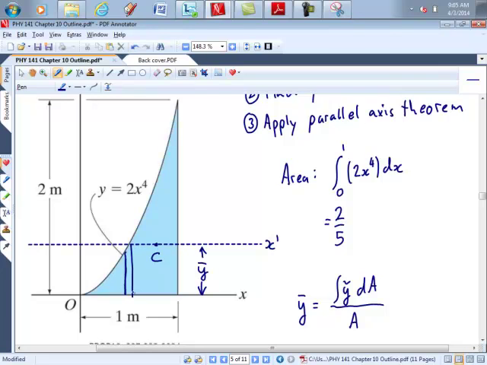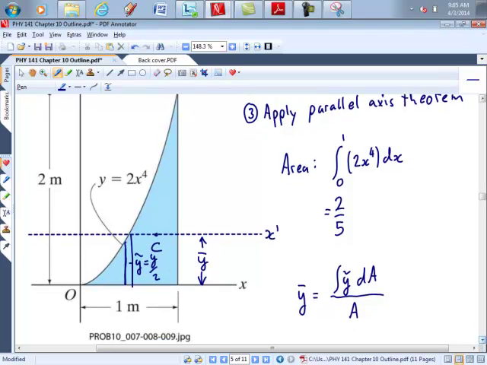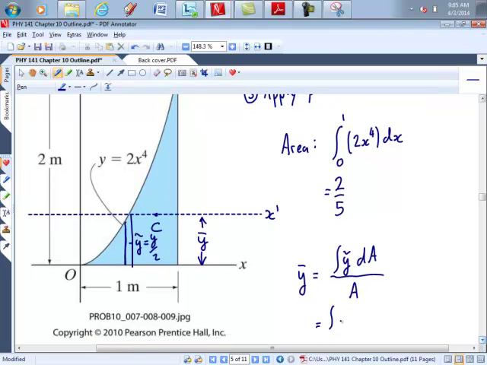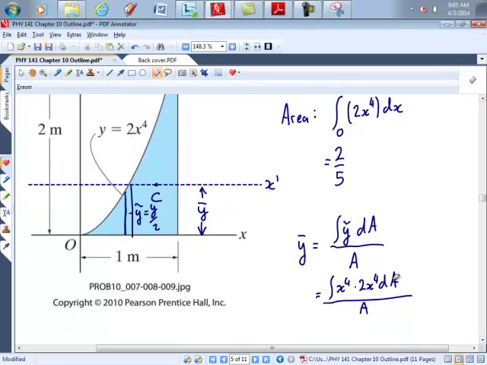And where's y tilde? Halfway up. So y tilde equals y over 2, which just makes that x to the 4th. So that would be the integral of x to the 4th times 2x to the 4th dA all over A. Oh, yep, dx, sorry.